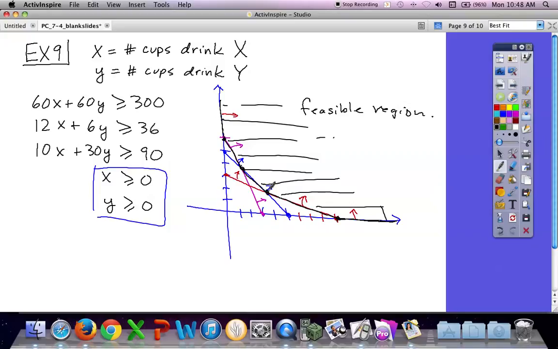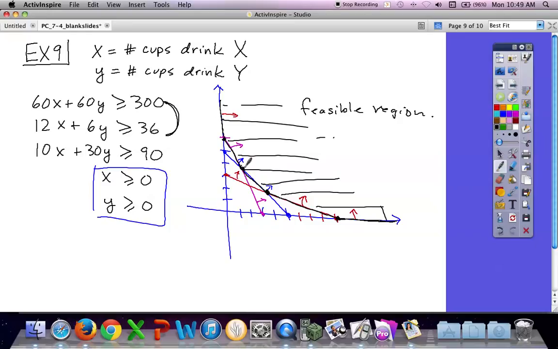And we will need to know what those points are. The way you find out is you solve the system of equations, 2 equations and 2 variables. For example, this vertex right here is the intersection of the purple line and the blue line, so you would have to solve these two as a system to find that vertex.